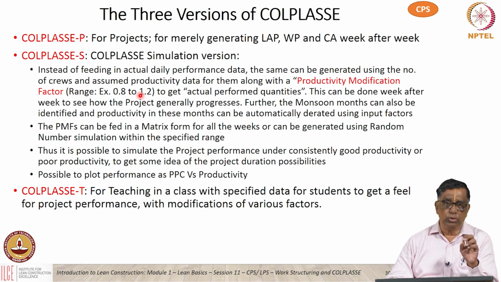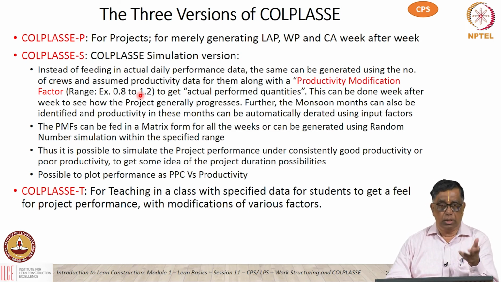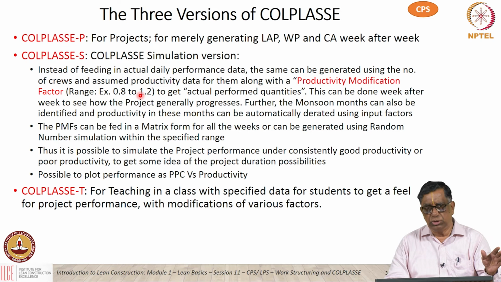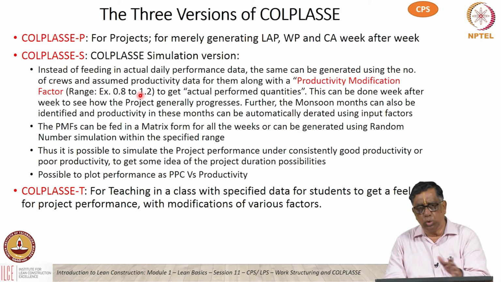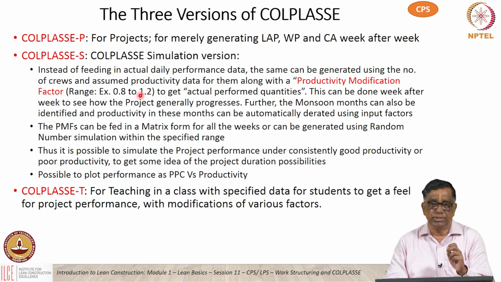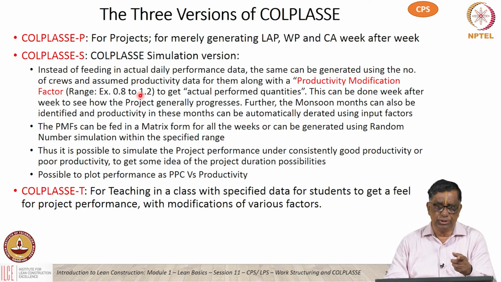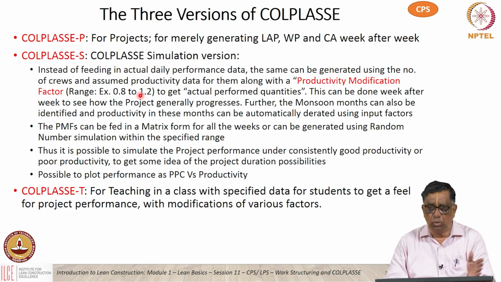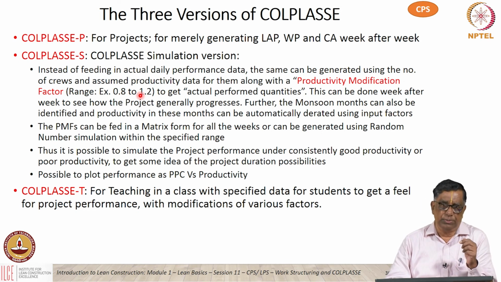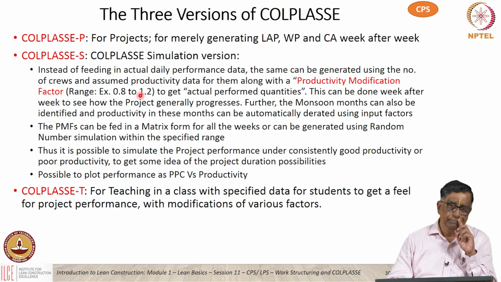If you want to find out the pessimistic or optimistic durations for a project, you can stipulate throughout a factor of 1.2 for the productivity to get an optimistic idea of the project duration, or you can put 0.8 throughout to get a pessimistic duration for the project. So, a priori, you know what will be the project duration for these two ranges.